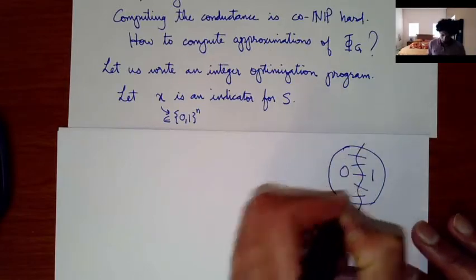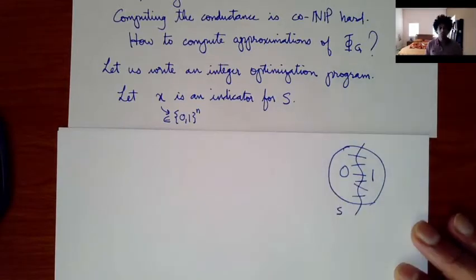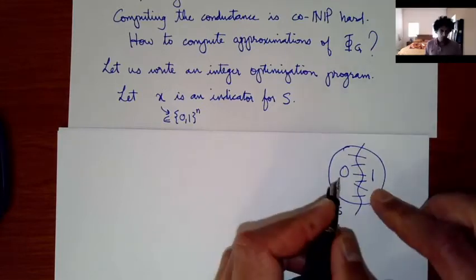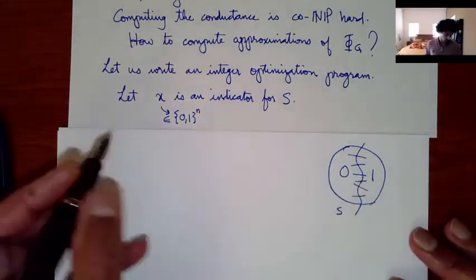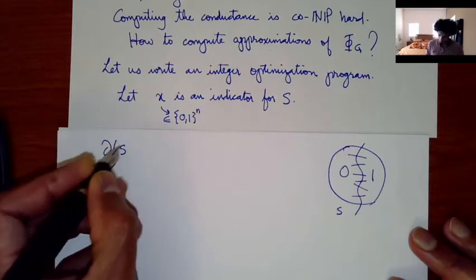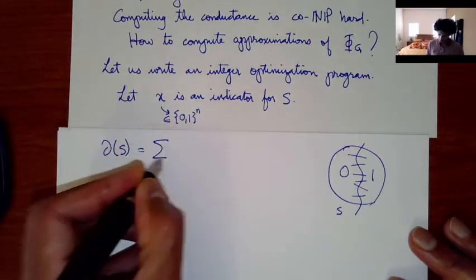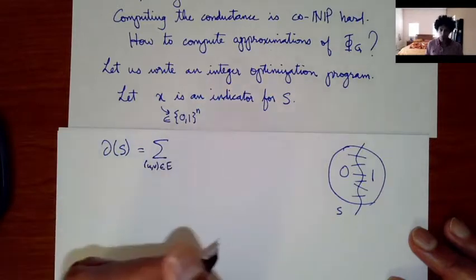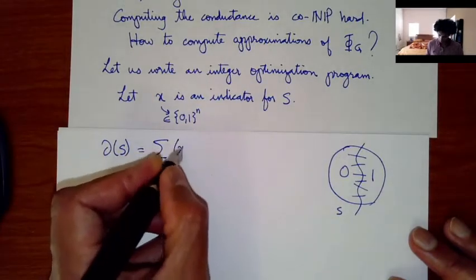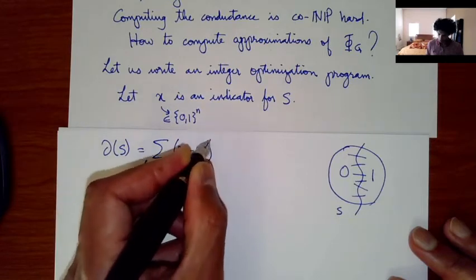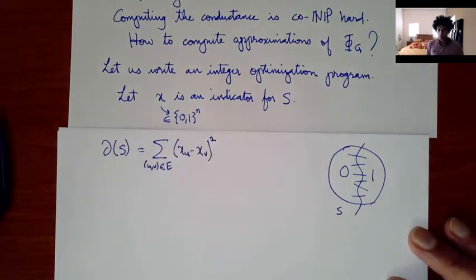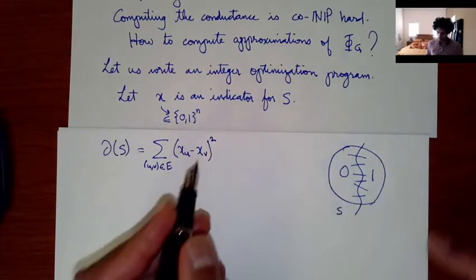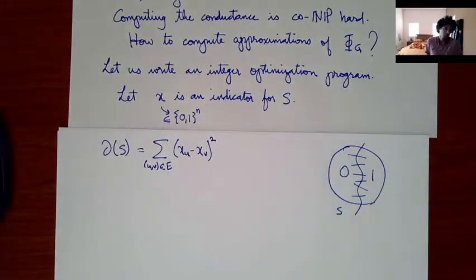The boundary is the number of edges that go across. Technically we don't know which one is 0 and which is 1, so the boundary of S is the summation over all edges uv of (xu minus xv) squared. Whenever the edges are on opposite sides you get a 1, and otherwise a 0. So you have a quadratic form that represents the size of the set.